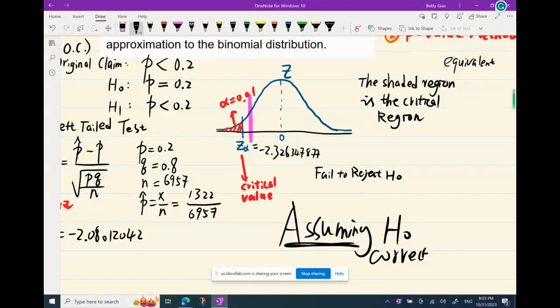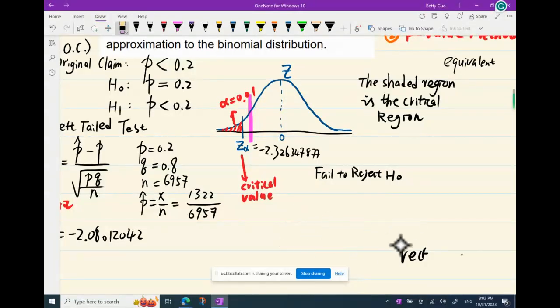So if the test statistic falls in the critical region, we reject the null, meaning our assumption is false. But in our case, it didn't happen. Our test statistic falls in a blank region, so we fail to reject the null. Again, you don't accept, you just say fail to reject.